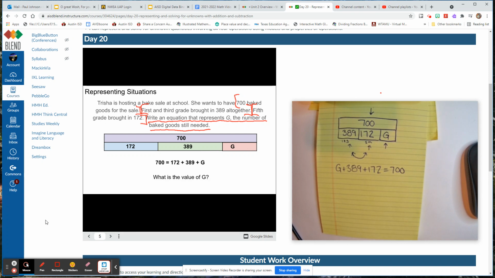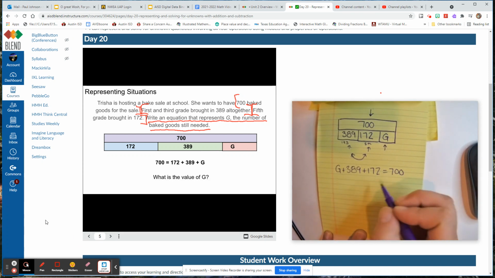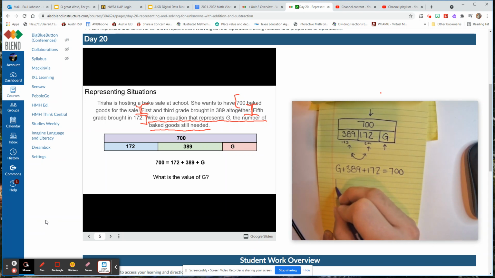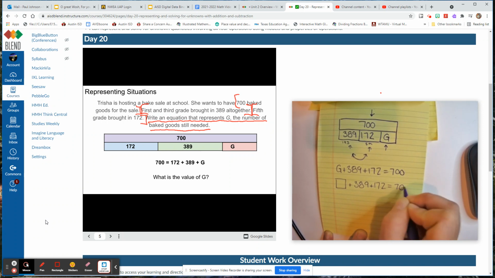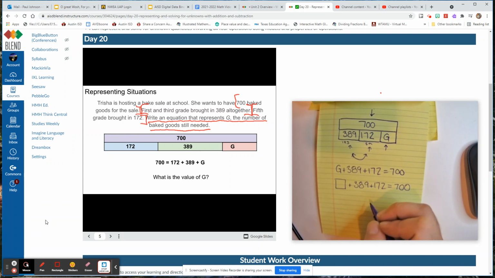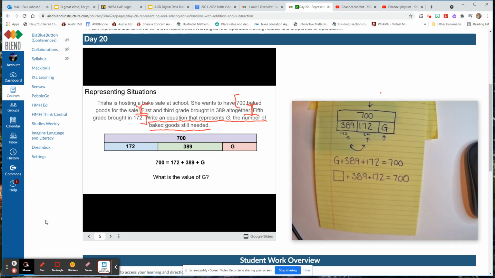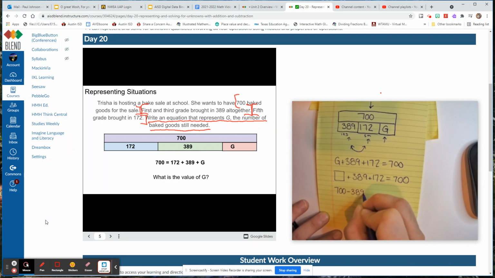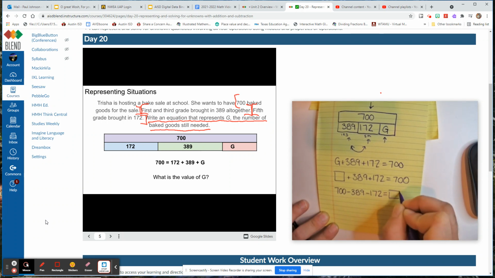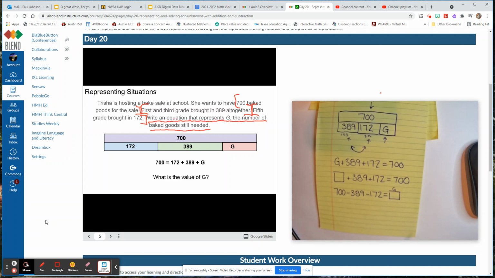Hold on one second. So here's what we can do. One of the things we can do is go ahead and fill in G as a blank. And then we can find out what the total of 389 plus 172 is first, and then take that away from 700. I think an easier way to look at this right now for y'all would be 700 minus 389 minus 172 is equal to blank, which is our G, right?